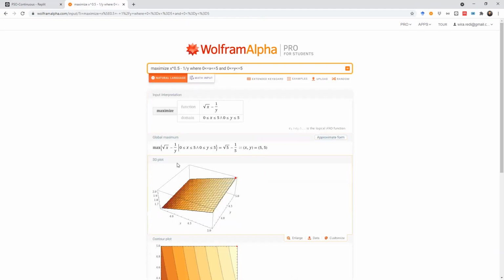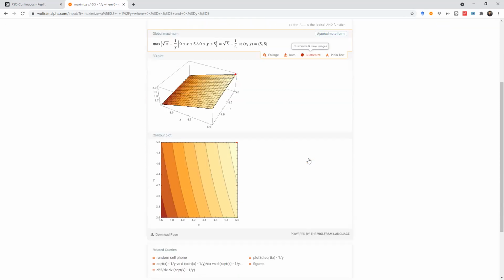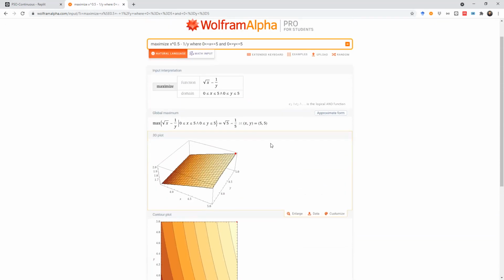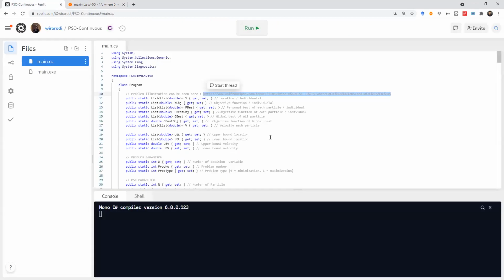Okay, here you go. When x equals 5 and y equals 5, the optimal value is 2.03607. This can be searched using PSO also. That's why I created it here.